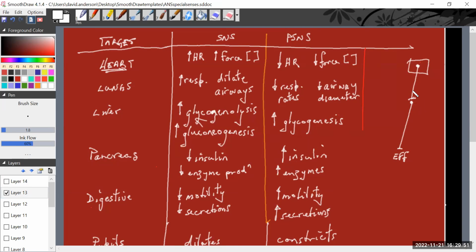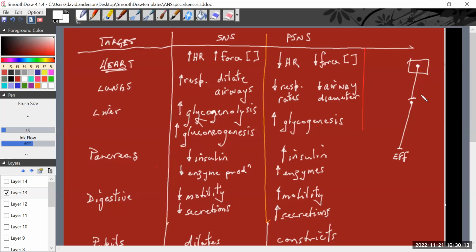In the sympathetic nervous system, the neurotransmitter... I don't know if I want to talk to you about this, I don't know if I'm going to mix you up here. Let me think about this for just a second.